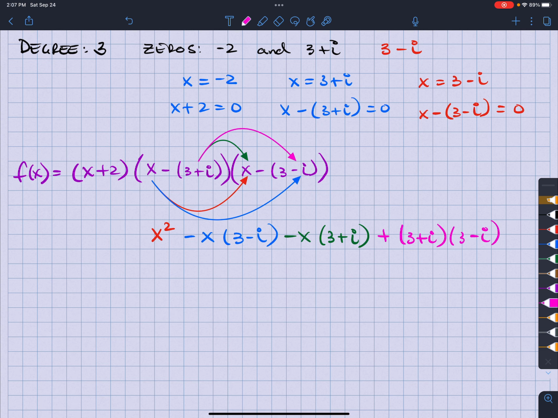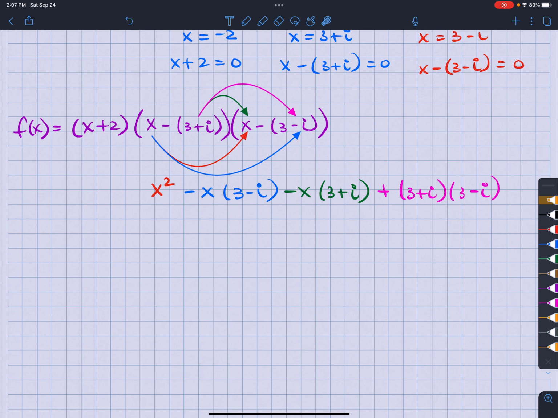Okay? All right. So looks like here I got to distribute, here I got to distribute. These are conjugates, so I have to FOIL. All I need to do is flip, right? So let me see here. I should have x squared minus 3x plus xi minus 3x, okay, so this is 3x plus xi, right?